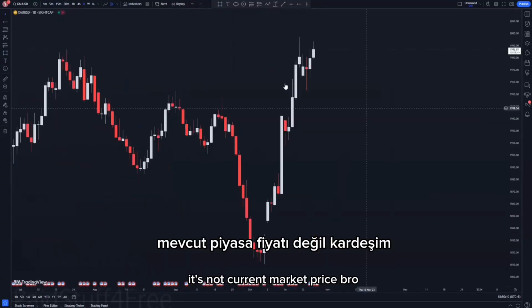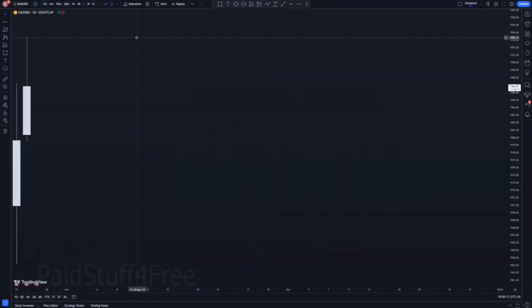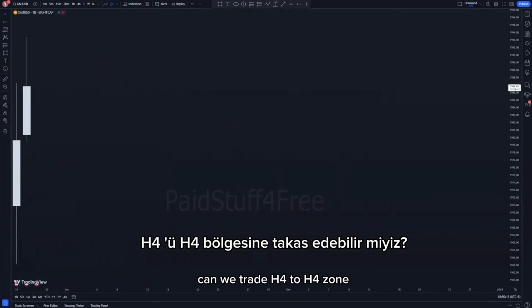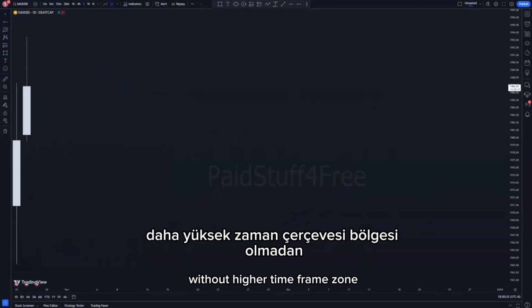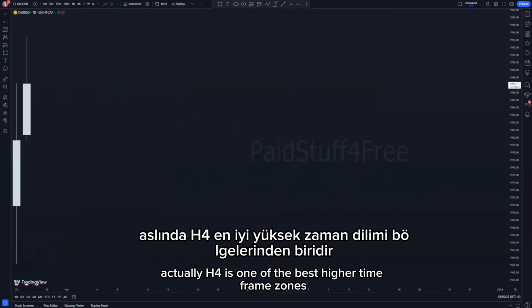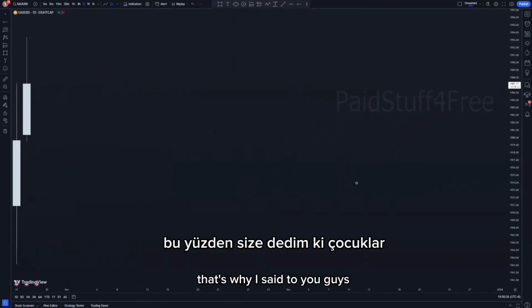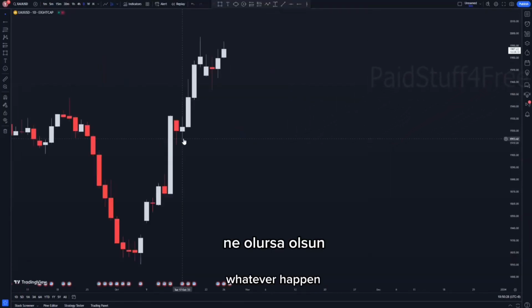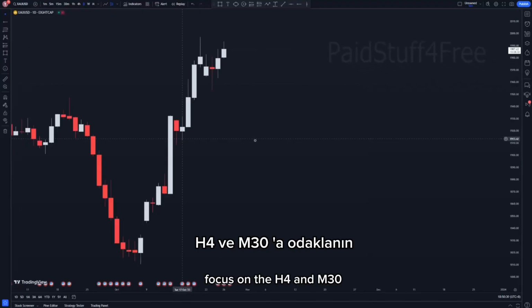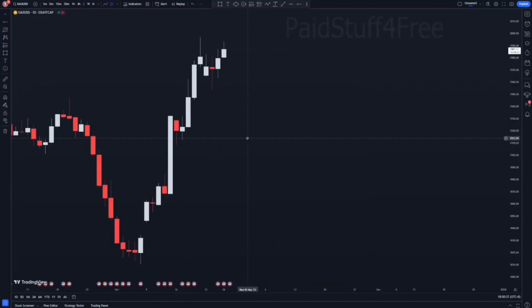Okay, it's not the current market price. Can we trade H4 to H4 zone without a higher time frame zone? Actually, H4 is one of the best higher time frame zones. So that's why I said to you guys, whatever happens, focus on the H4 and M30.